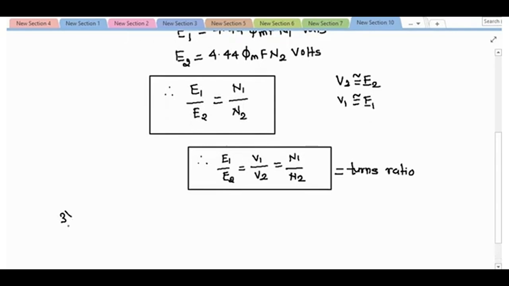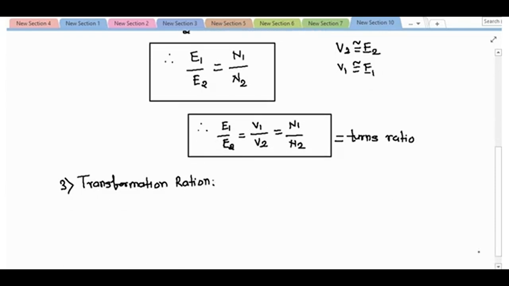Then the third ratio, other than voltage ratio and turns ratio, one important ratio I have to tell here, that is the transformation ratio of the transformer. The ratio of the secondary voltage to the primary voltage is known as the transformation ratio, and normally it is denoted by letter K. So transformation ratio K is nothing but the ratio of the secondary voltage to the primary voltage.